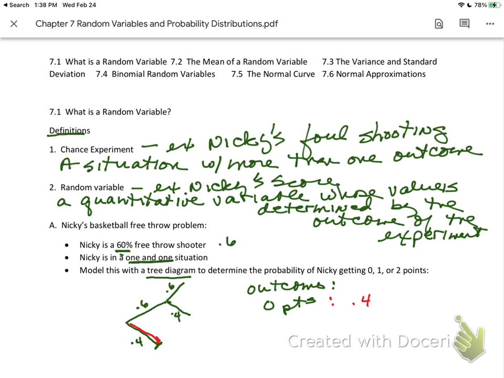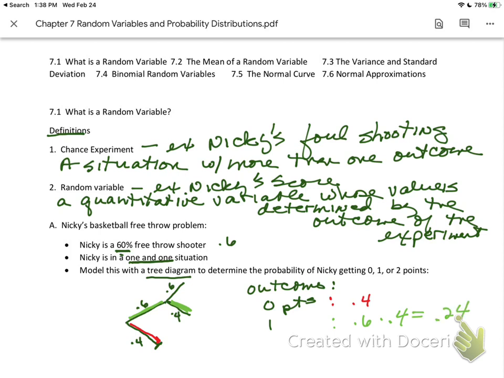So if she makes 1 point, how does she do that? So let me get another color. So to make 1 point, she's going to come down here, make the first shot, and then miss the second shot. So notice that what I'm going to do is multiply the probabilities. So that's going to be 0.24.